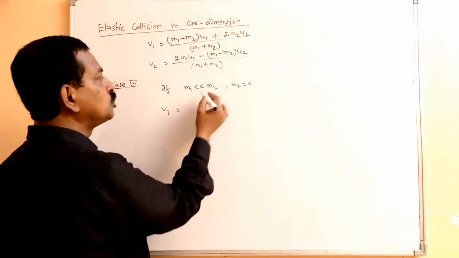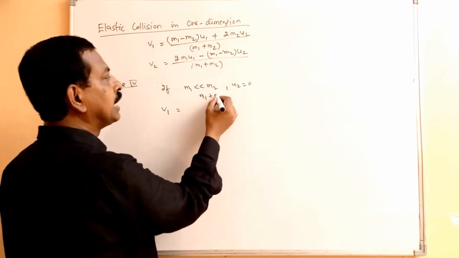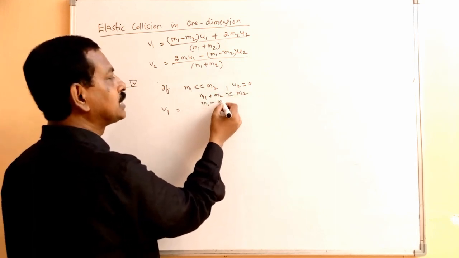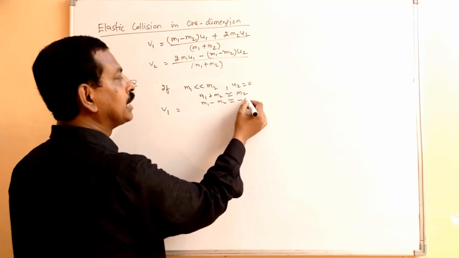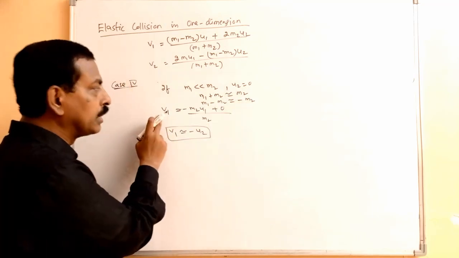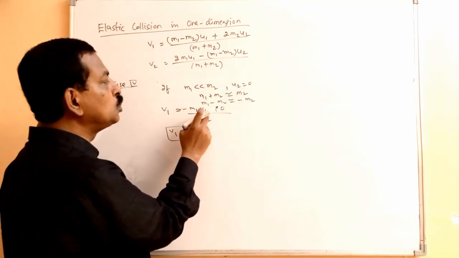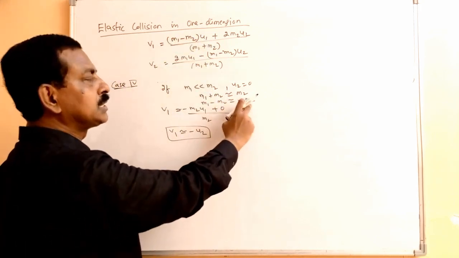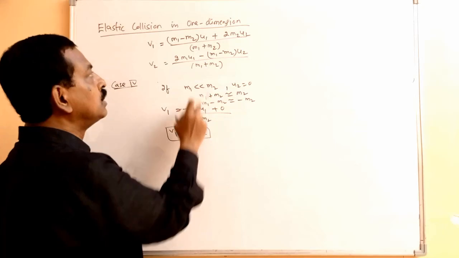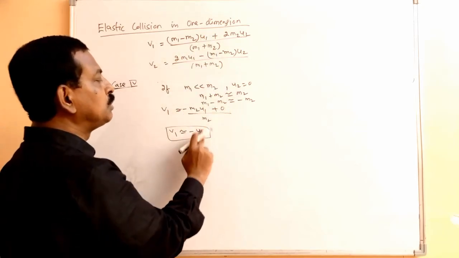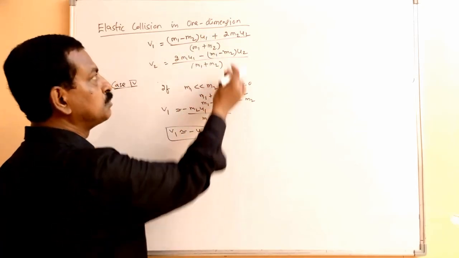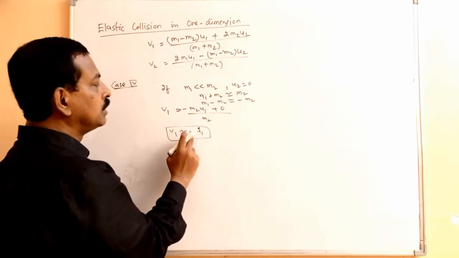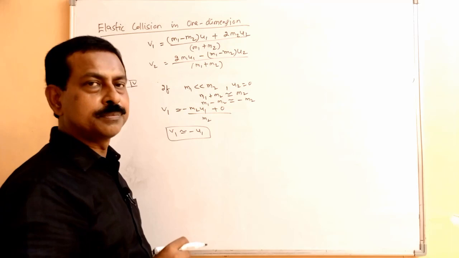Now here, of course, m1 plus m2 will be nearly equal to m2, and m1 minus m2 will be nearly equal to minus m2. v1 will be minus m2 u1, because m1 minus m2 is nearly equal to minus m2, into u1, and the u2 term will be equal to 0 because the second body is at rest. So now you will get v1 nearly equal to minus u1.